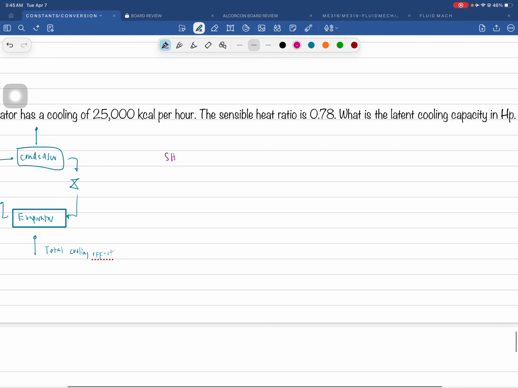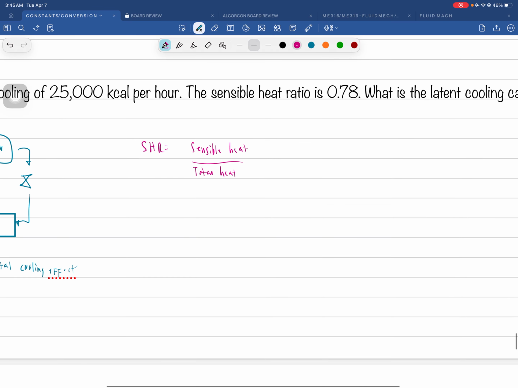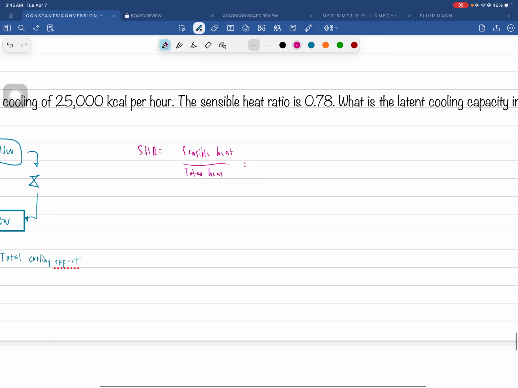Sensible heat ratio is the ratio between sensible heat and the total heat, no? In this sense, you can say it's a total heating effect or the total cooling effect. Depends, no? But in this case, the total heat expressed as the total cooling effect. So we can say that, of course, the total cooling effect or heating effect is composed of the sensible heat plus the latent heat of cooling.